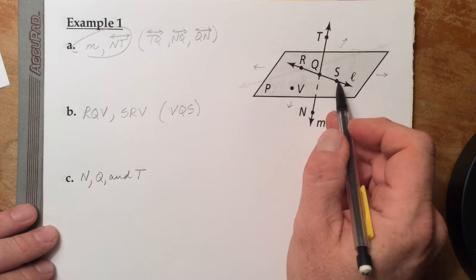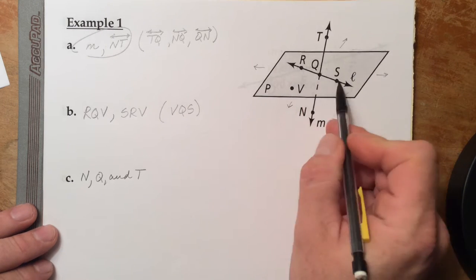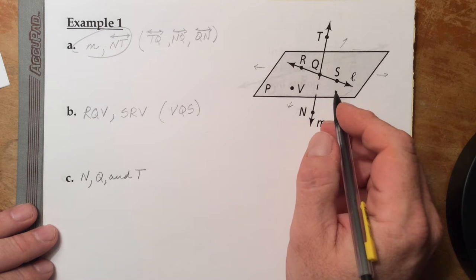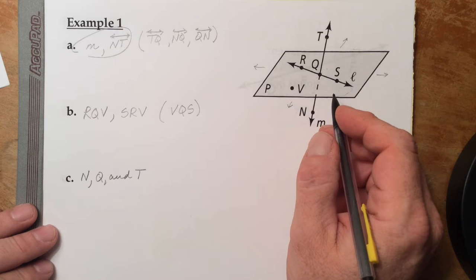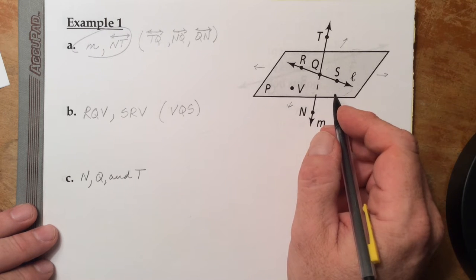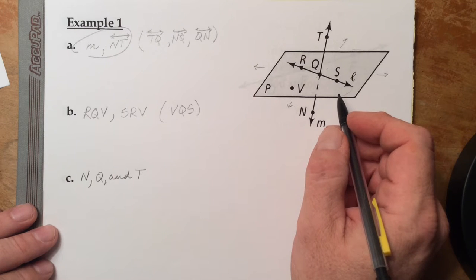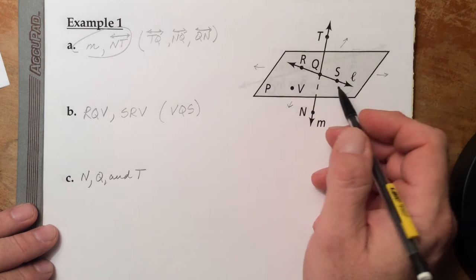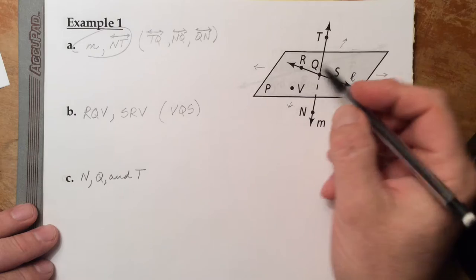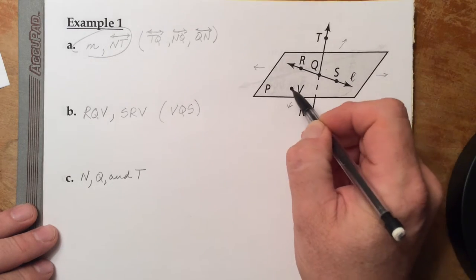Another possibility is you could have used points S, Q, and R with commas between them, and those are 3 collinear points. The second part of part C asked us to name 4 coplanar points. When you name coplanar points, as long as all the points they're asking for are not all in one line, and they're all in the plane of course, you've got coplanar points. For instance, points R, Q, S, and V are all coplanar.